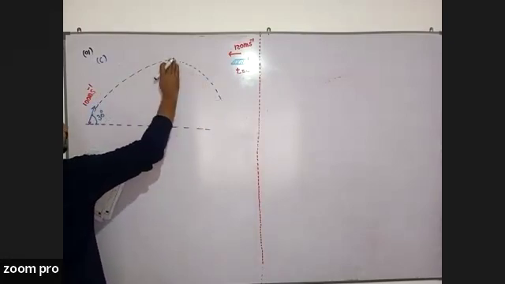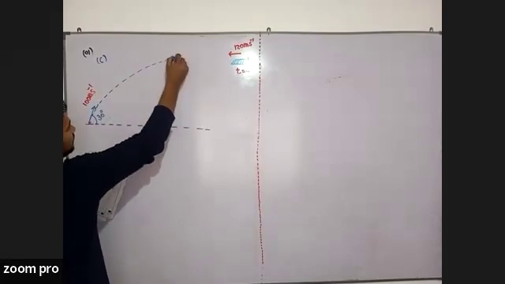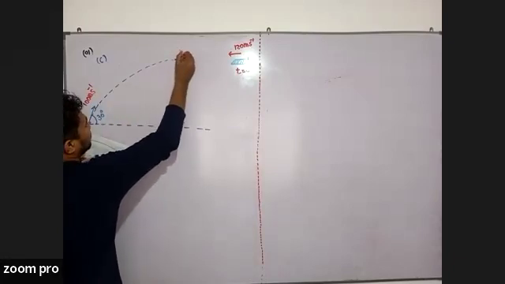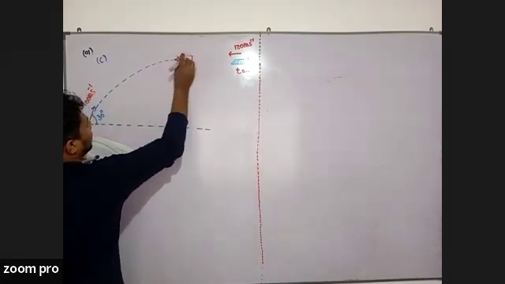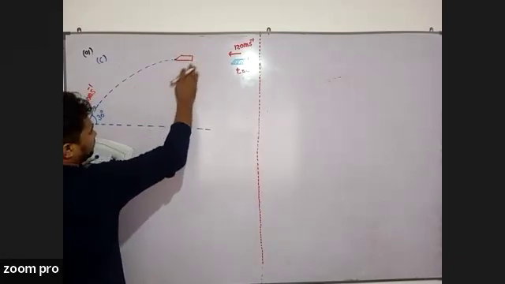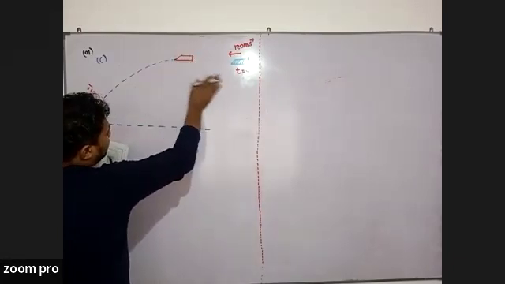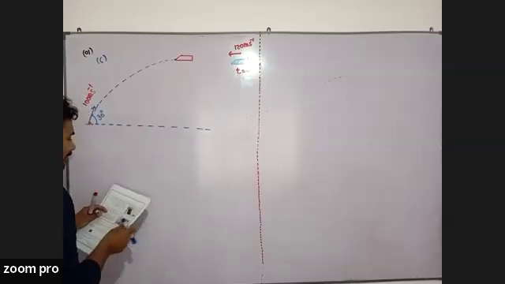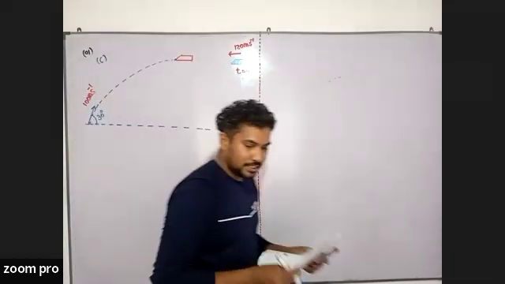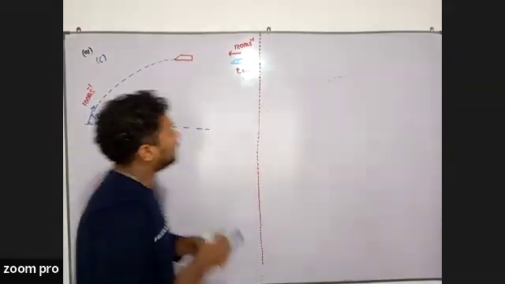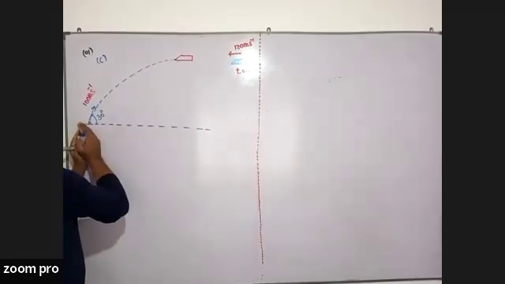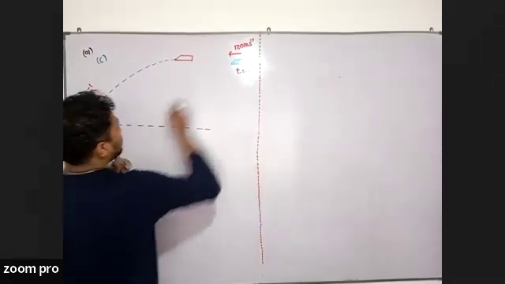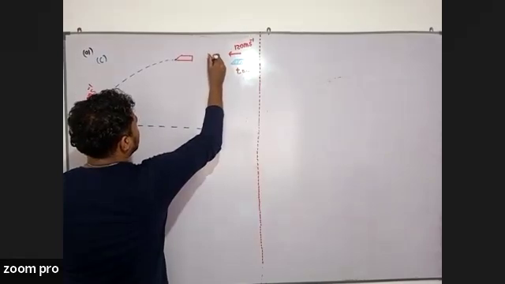So this is the normal pathway of this bullet. Let's assume that this is the highest point. So at this point, the aircraft collides with the bullet. So that means within this time is the collision of the bullet and the aircraft. But keep in mind, guys, the most important thing is that when the bullet is released, let's assume that this is the position of the aircraft.